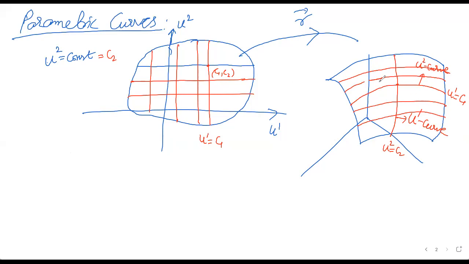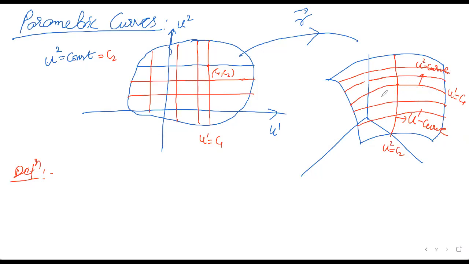So these are called the u1 curve and u2 curve, and they both together are called parametric curves. If I am saying u1 curve, it means u2 is constant, and if I am saying u2 curve, it means u1 is constant. So that is the definition. Here you can see one more thing: in the surface, the u1 curve means u2 is constant.